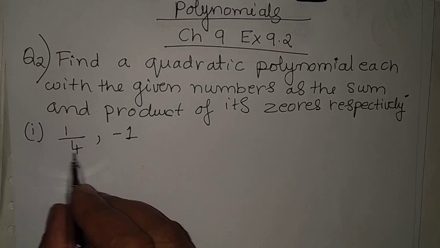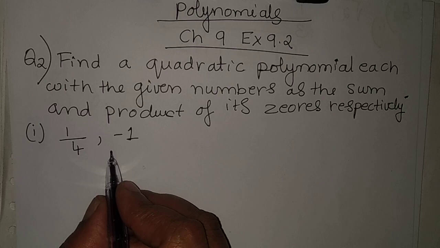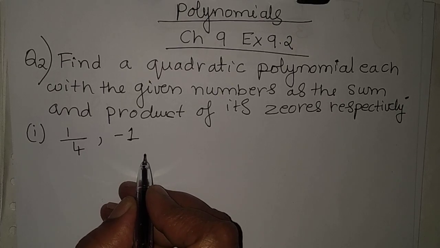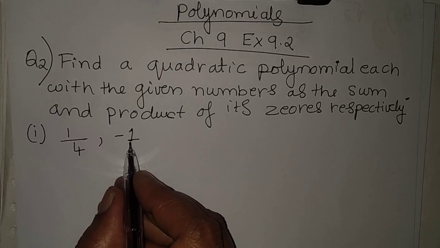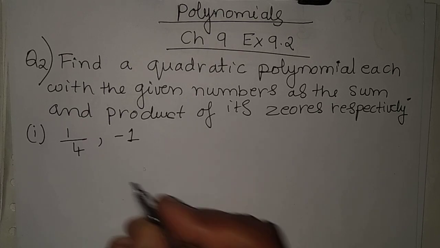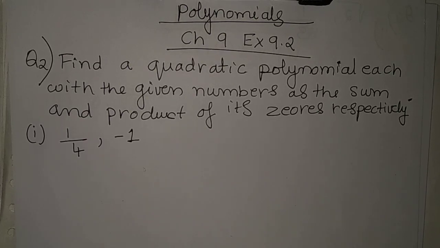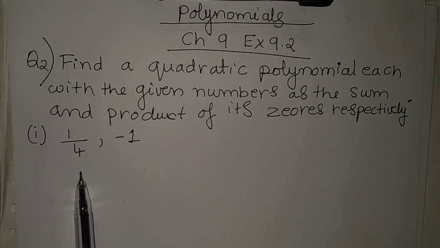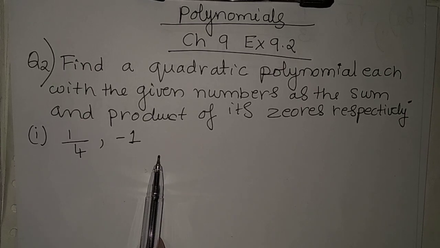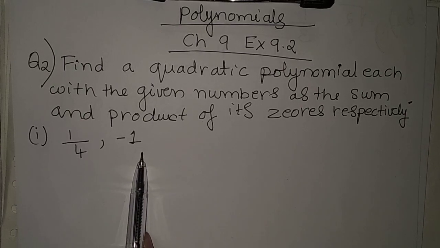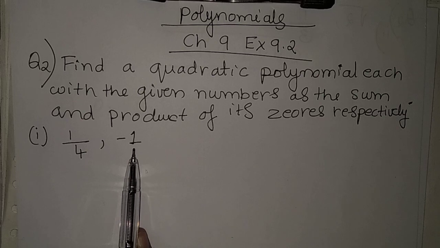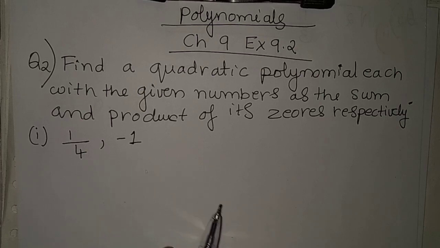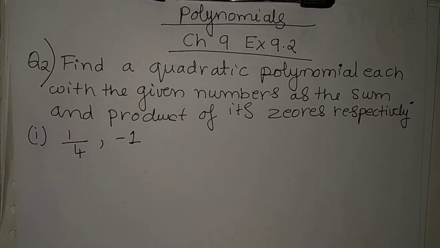The given data is 1 by 4 and -1. The sum of the zeros is 1 by 4, and the product of the zeros is -1, and we have to find the required quadratic polynomial.